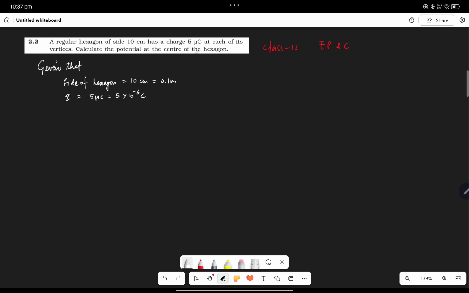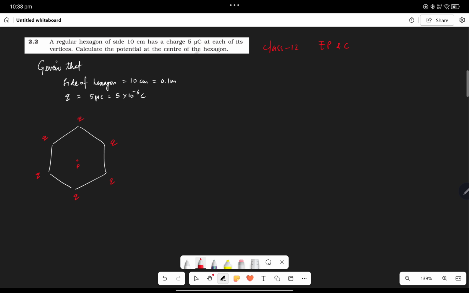Now let's visualize this figure, and by visualizing you can see what is happening here. This is a hexagon, and you have charge q at each vertex, right? And at this point P you have to find the total potential.